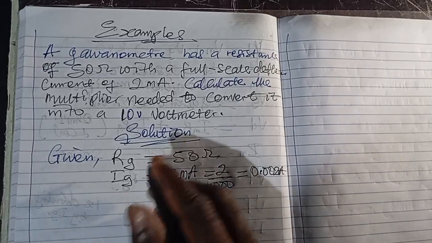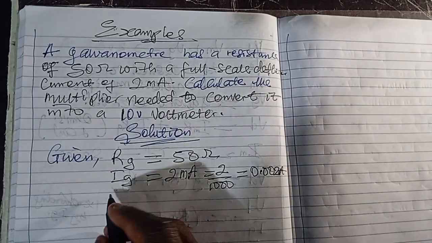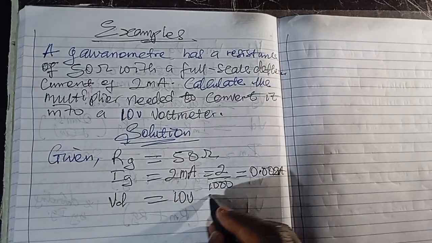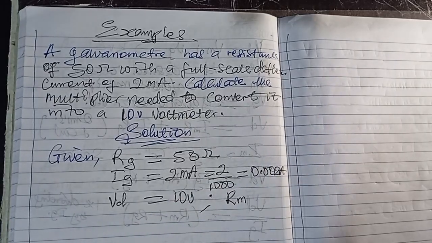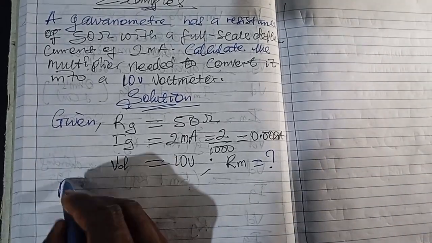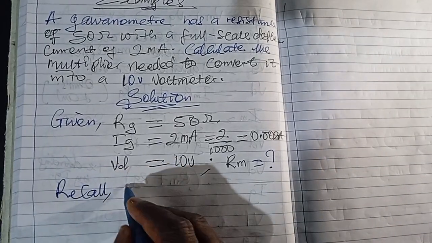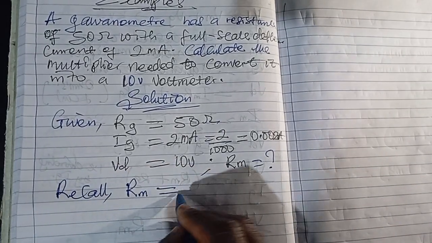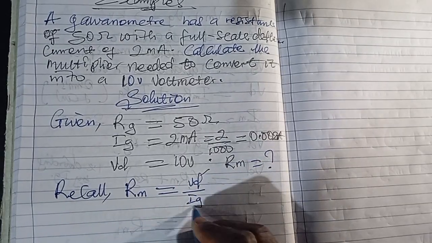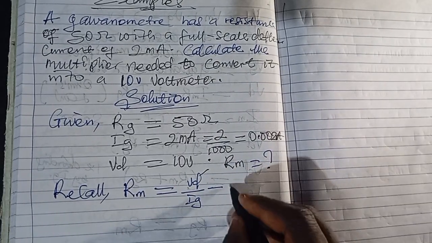We have Vd as 10 volts, but Rm is unknown. Now recall that Rm is equal to Vd divided by Ig minus Rg.